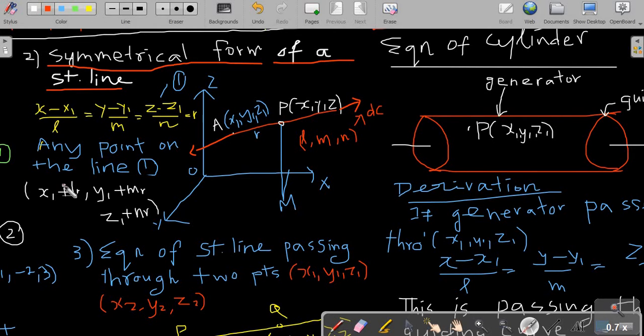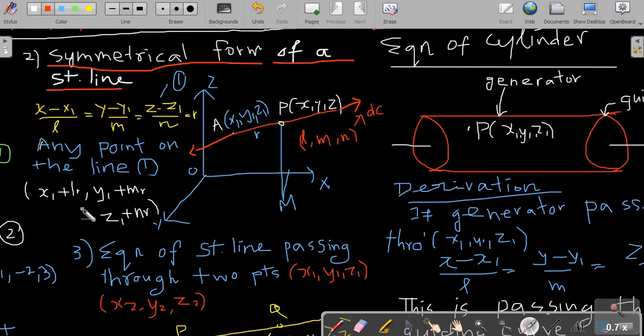So these are some of the points on this line: x1 plus lr, comma, y1 plus mr, comma, z1 plus nr. This is a general point there.